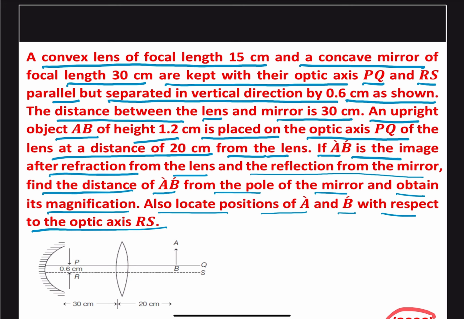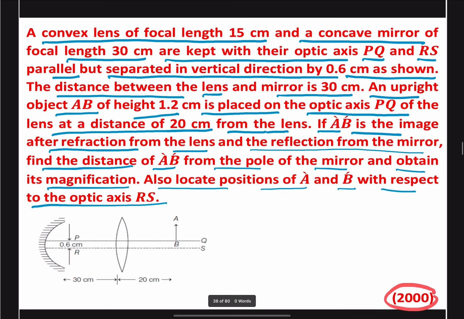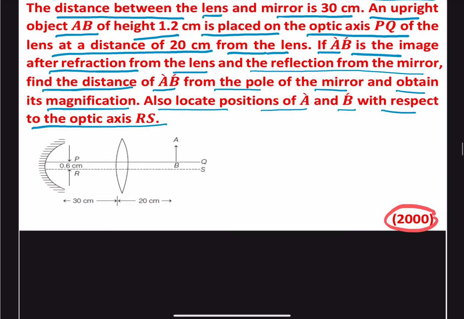So in this case, we have a convex lens and a concave mirror, and the difference is that they are misaligned with respect to their axes, and the difference between the two axes is 0.6.